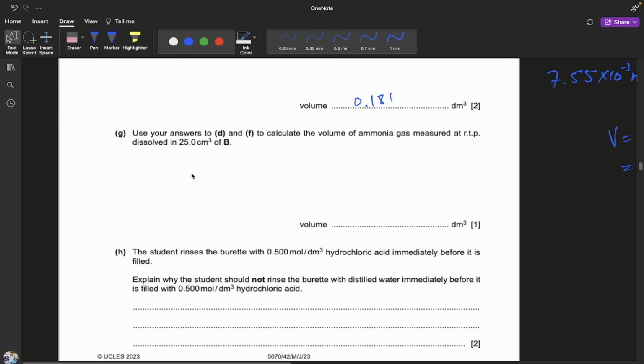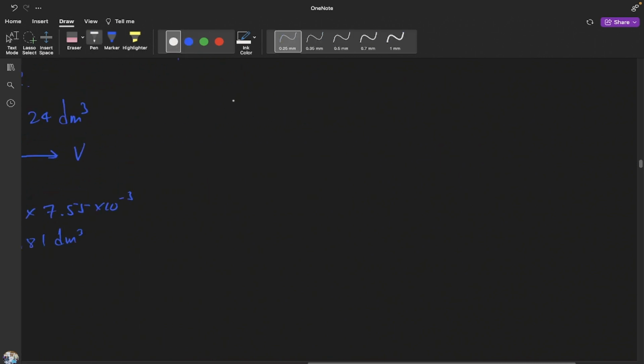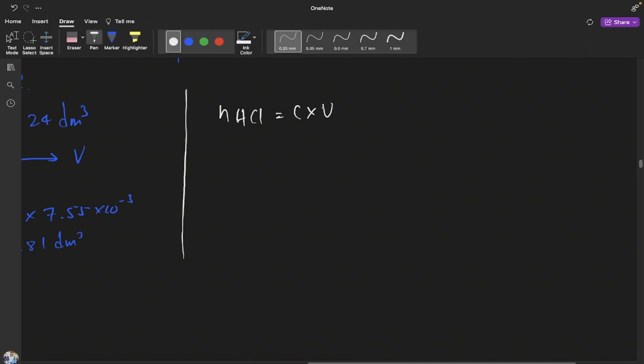Using your answers to D and F, calculate the volume of ammonia gas measured at RTP in B. So you are repeating the same thing, but you can do it quickly now. The moles of HCl in the second instance is concentration times volume. Concentration is still the same.